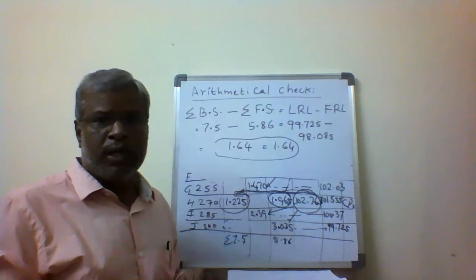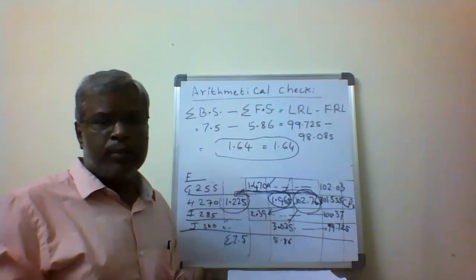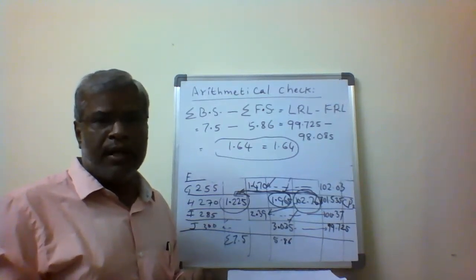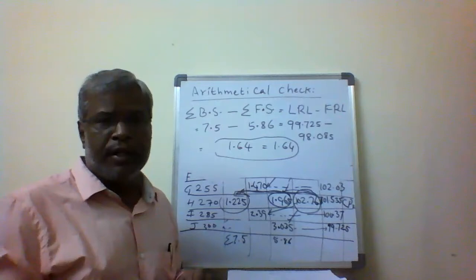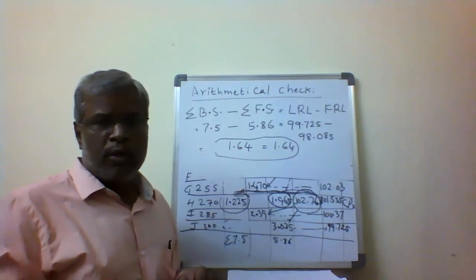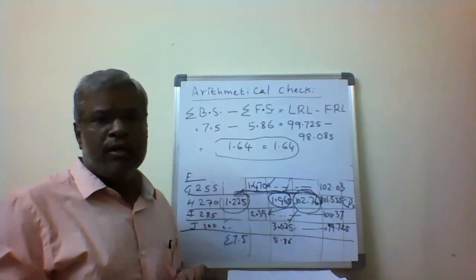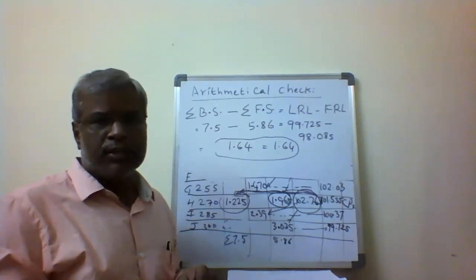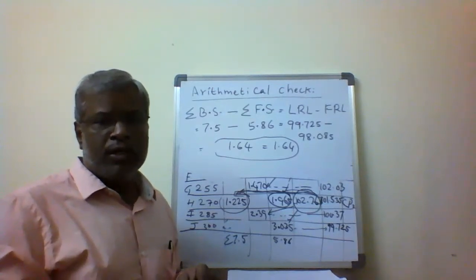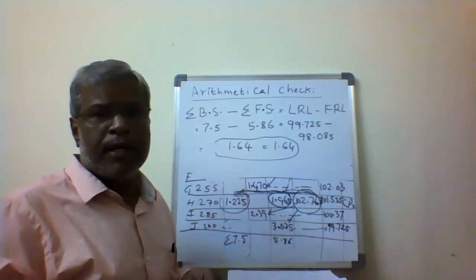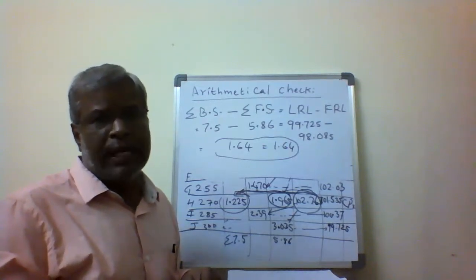Either it is a manual mistake, or the mistake is in entering the data into the tabular column, in the entry of the staff readings in the respective columns. Then the height of the instrument goes wrong, and the reduced levels depend on how we calculate the height of the instrument.